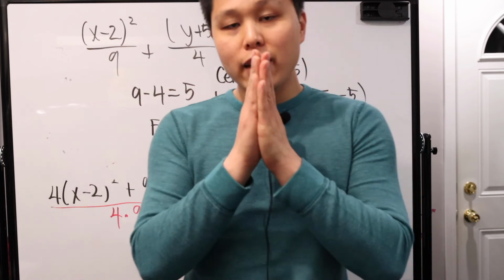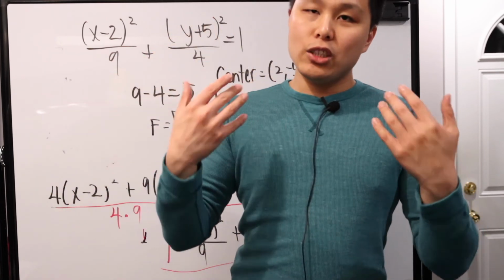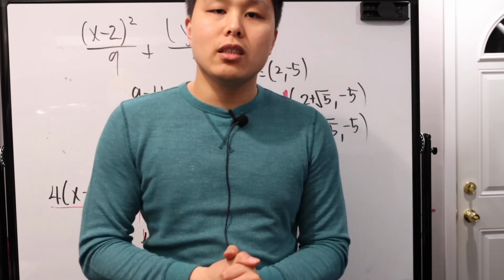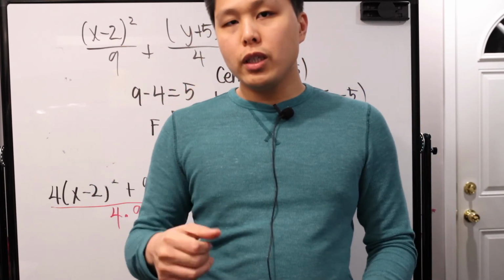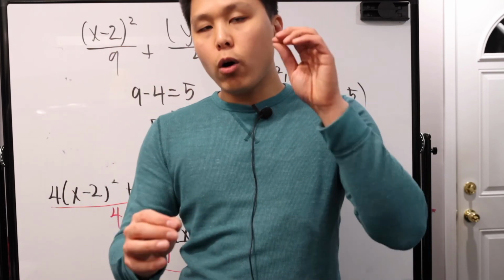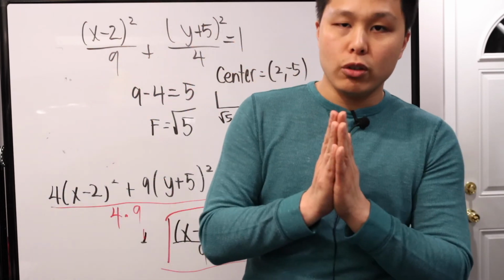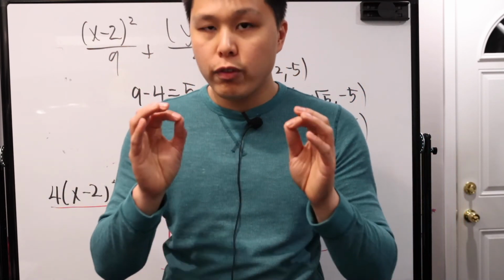All right, so we've reached the end of this video. Now, once again, focus points and their usage. It sort of replaces a radius. What I've shown you is basically for focus points, the concept is that you always have 2 points. It's either going to be left and right of the center or up and down on the center based on the condition of the ellipse itself.